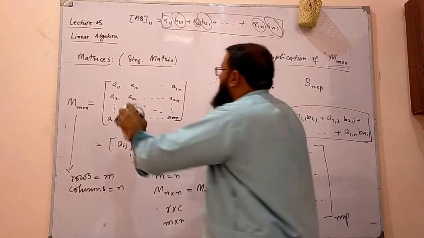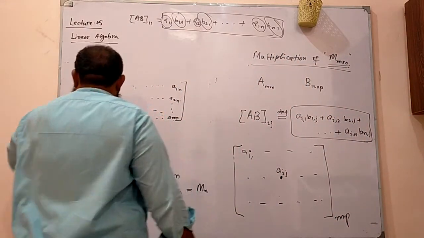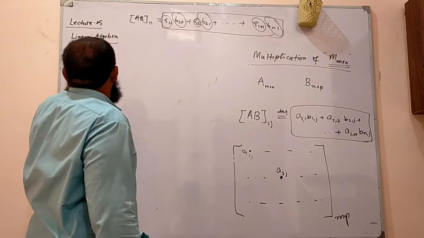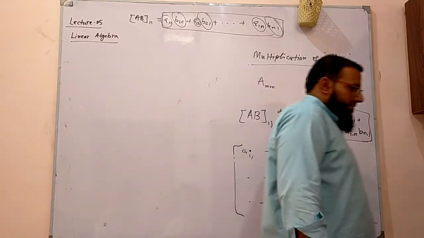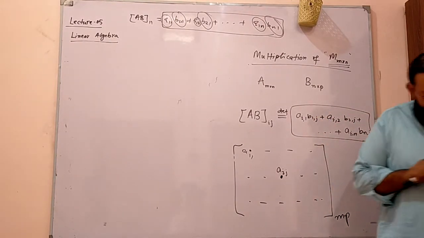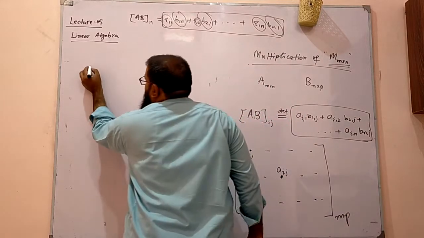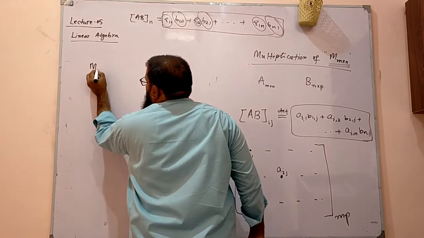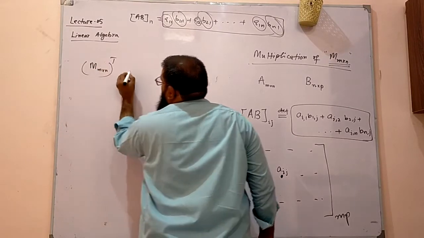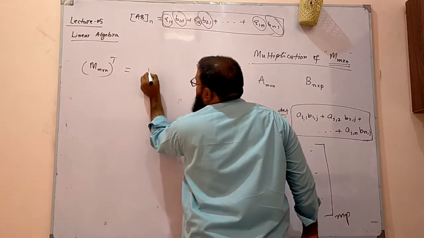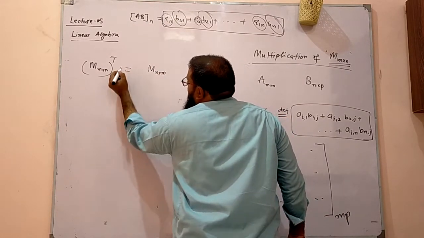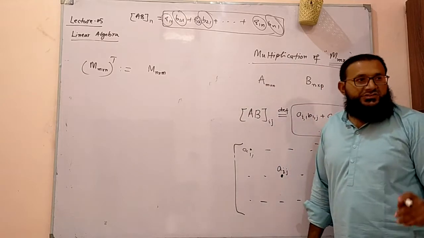What is the transpose of a matrix? So you have a matrix M, which is, let's say, M by N. So you are going to transpose it, you get a matrix which is N by M, and this is exactly how we define the transpose of a matrix.